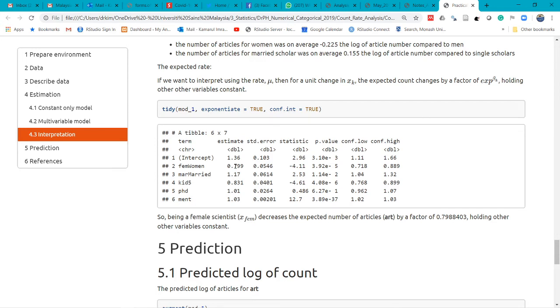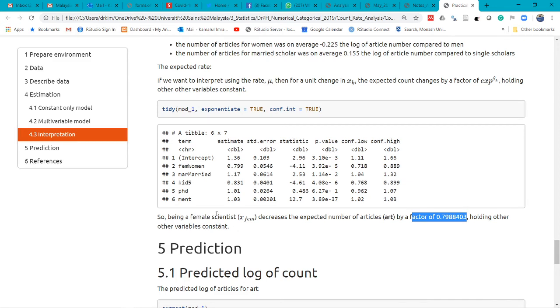Let me rephrase that. So if you are a female scientist, female or women, then you will decrease the expected number of articles by a factor of 0.799, holding other variables constant.